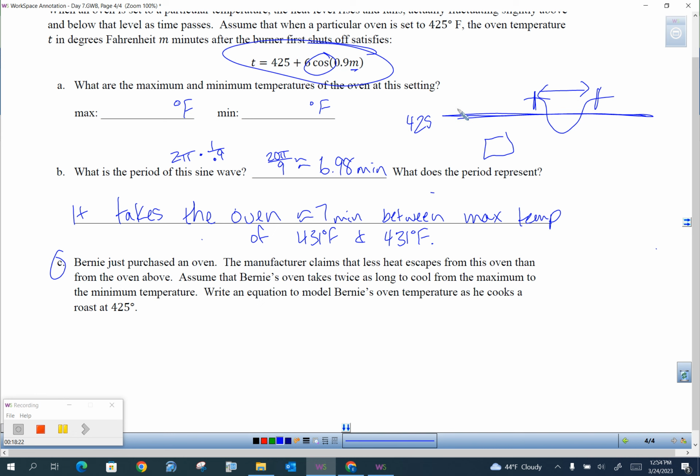So, with that in mind, it says here that less heat escapes from this oven compared to the last one. Okay, and if less heat escapes, that means we're talking about changing this period here.